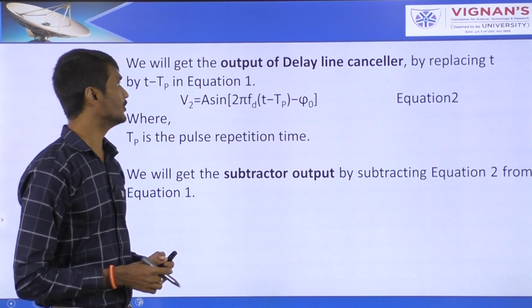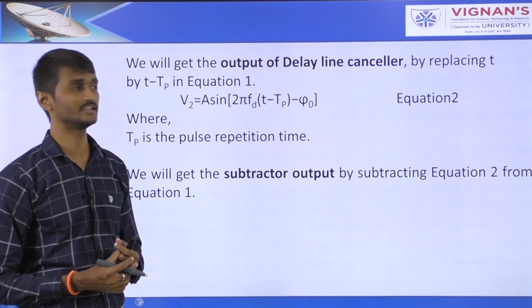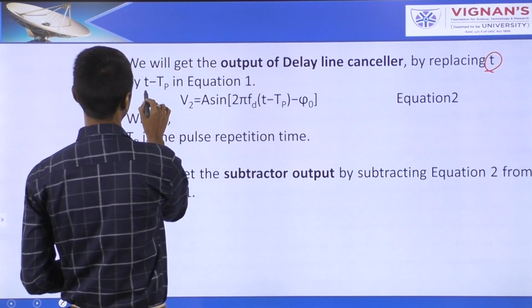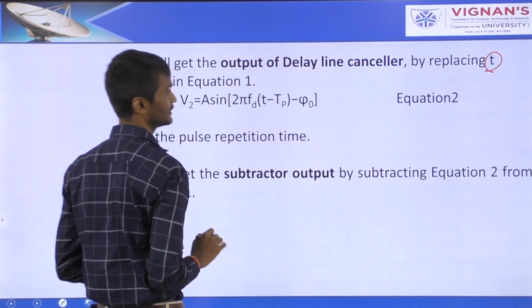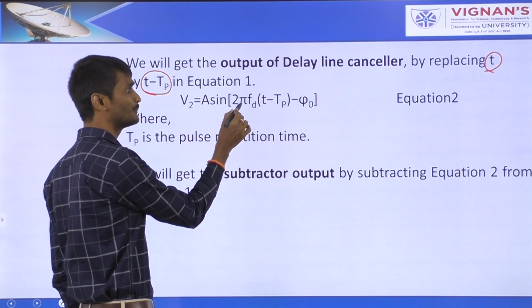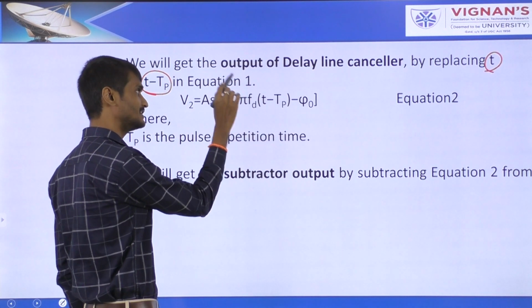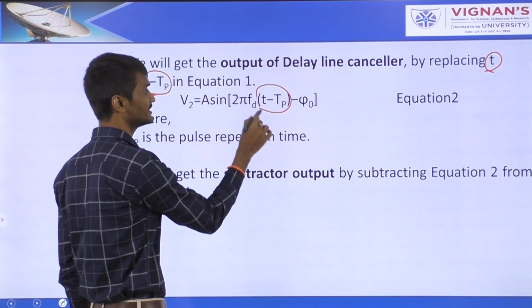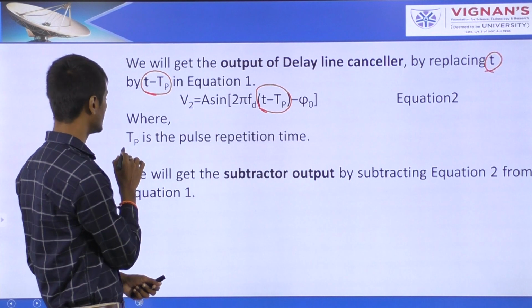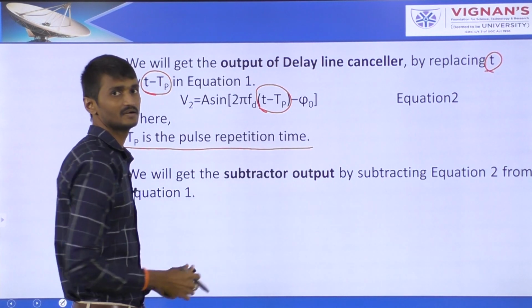We will get the output of the delay line canceller by replacing t by t minus Tp in equation 1. So V2 equals A sin(2π fd (t minus Tp) minus φ0), where Tp is the pulse repetition time.